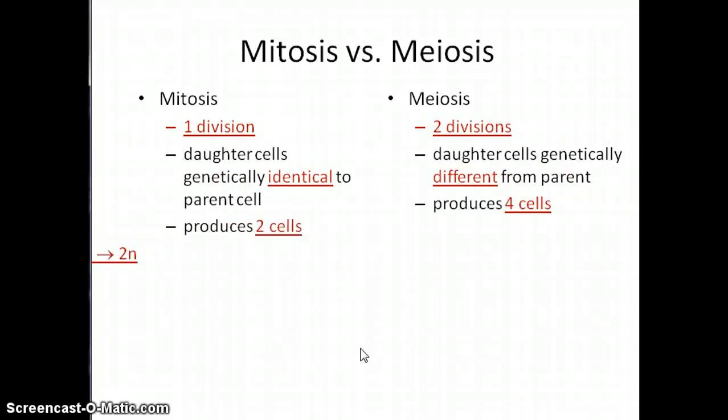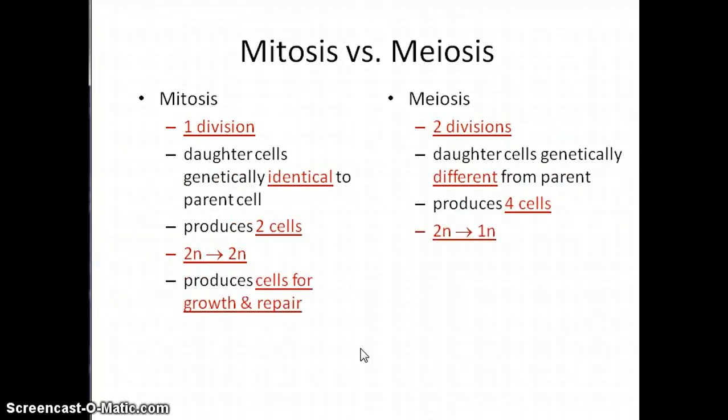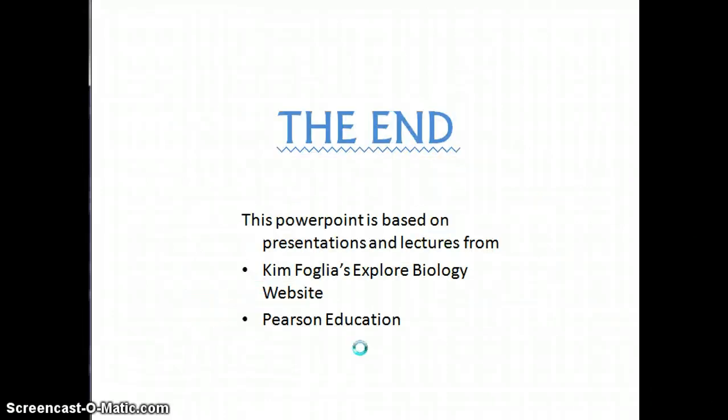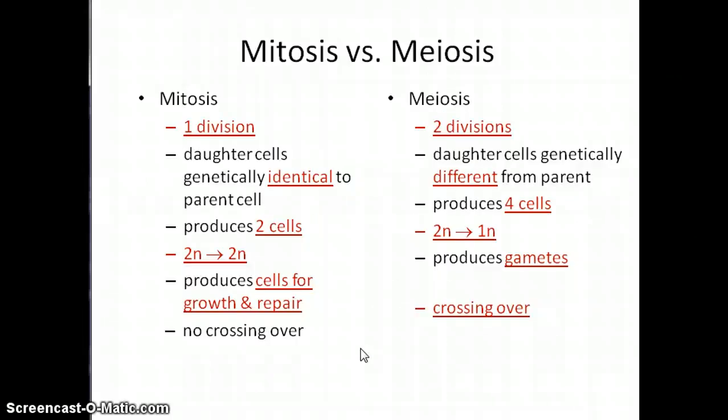And then this is just a very simple table that shouldn't have all these animations, but it does. Oops, we'll go back there. Just talking again with some really basic differences. So again, in mitosis, the two daughter cells are genetically identical to the parent cell, whereas the four daughter cells in meiosis are genetically different from the parent.